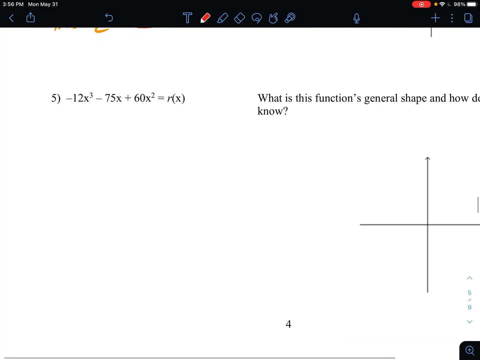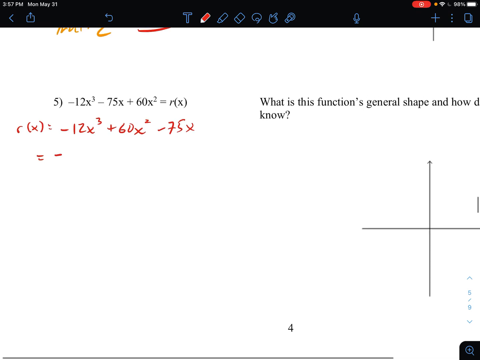Let's look at this one. Again, kind of in a weird order here. Let's fix that. So r of x is negative 12x cubed plus 60x squared minus 75x. I will notice that everything here is divisible by 3x. I'll actually pull out a negative 3x.